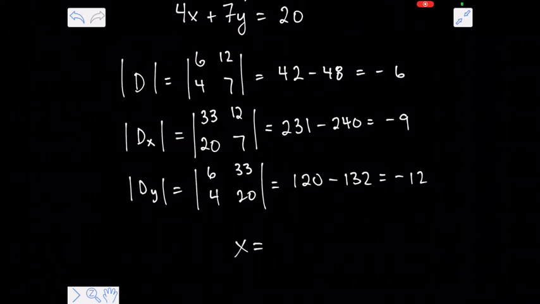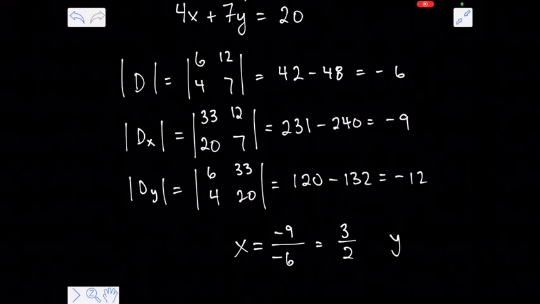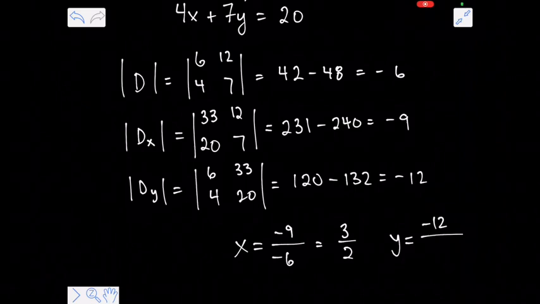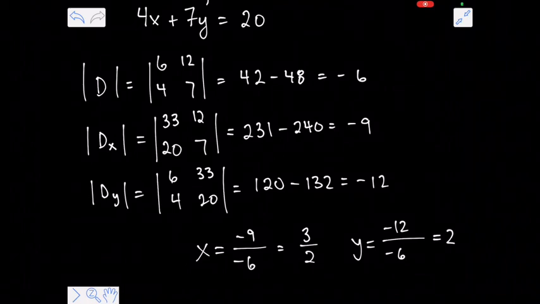So now x is equal to determinant d sub x, which is negative 9, divided by determinant of d, which is negative 6. So we have 3/2. Y is equal to the determinant of d sub y, which is negative 12, divided by determinant of d, which is negative 6. So we get 2.